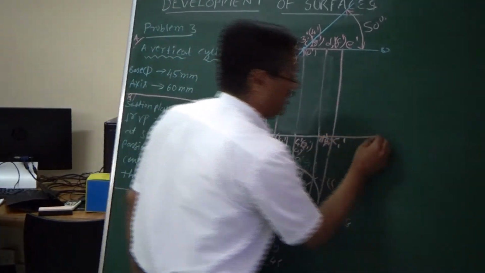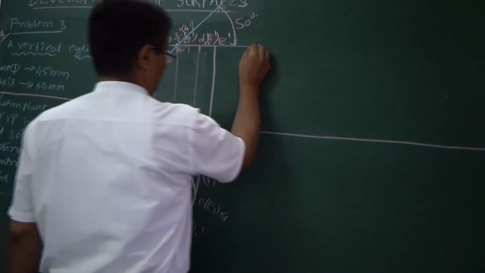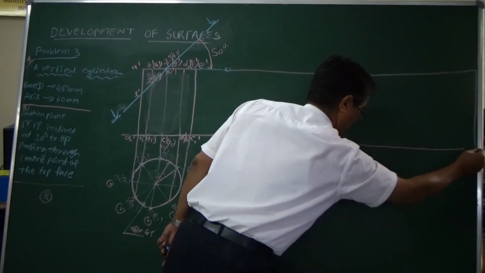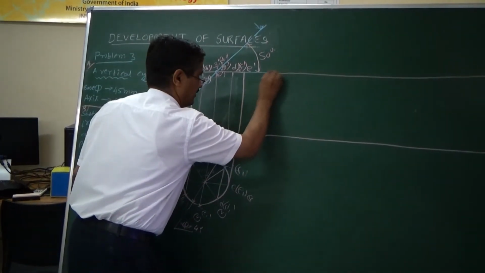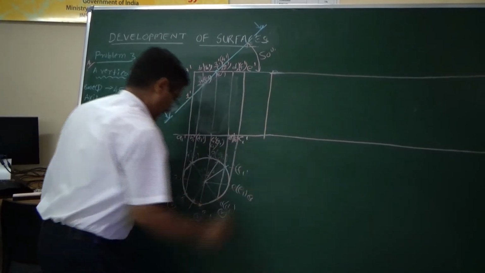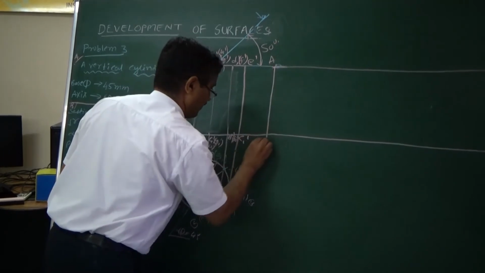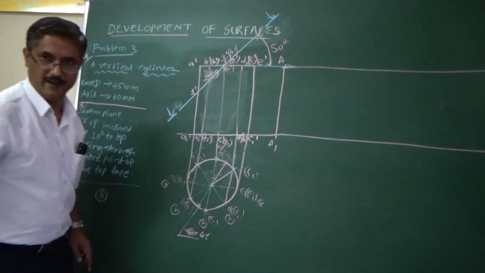Again, as in the similar case, draw a horizontal line here from the top and bottom. Take a reference point here again. The reference point I will call AA1 only. AA1 means I will be starting from here, cutting and opening like this.